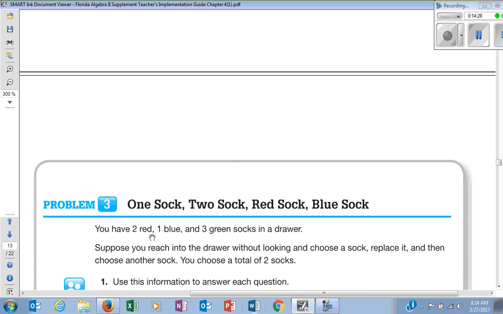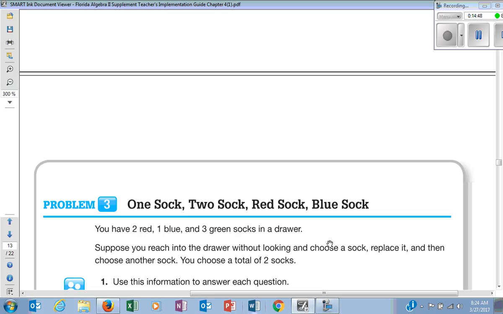Now, I don't get this part, and we don't have to. This is what they're telling us. It doesn't make sense. I agree with you. You are reaching in here like a crane. You're not looking. So you're doing like the crane game, picking out a sock, seeing what you got.